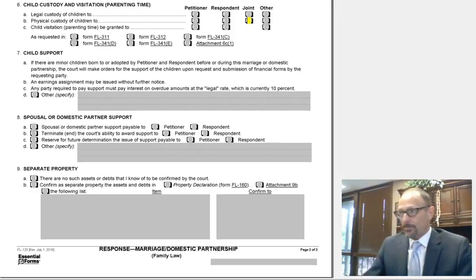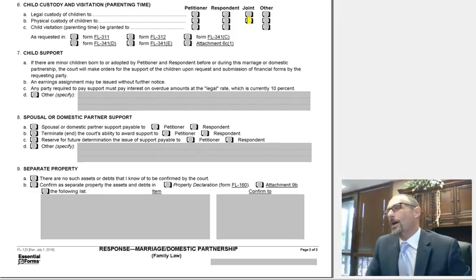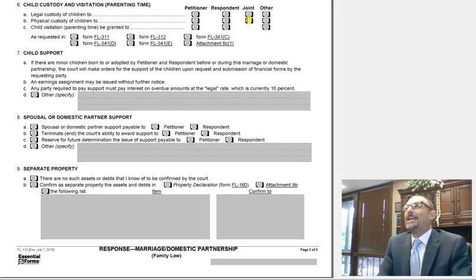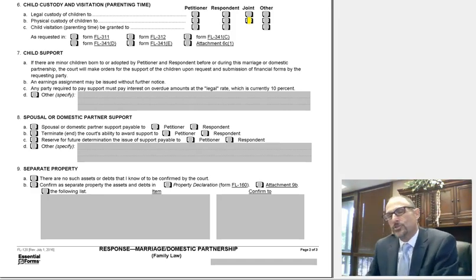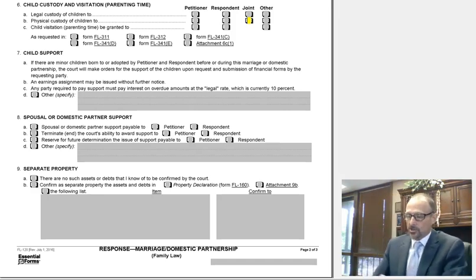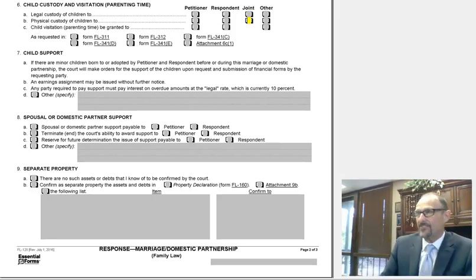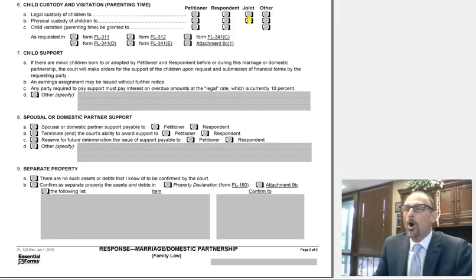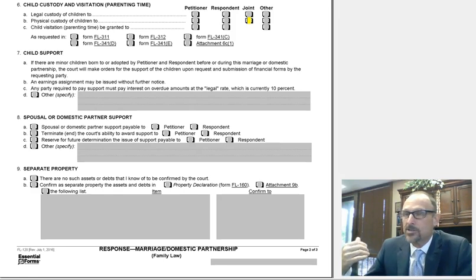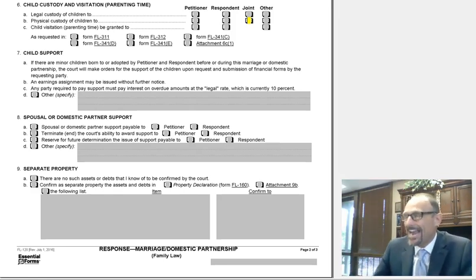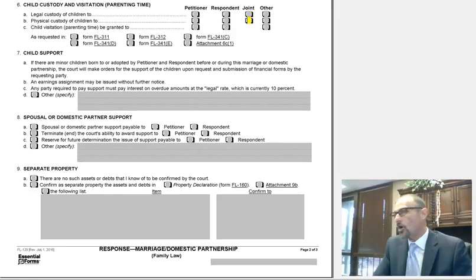You need to understand what separate property is. Separate property is any property that you owned before you got married. It's any property that you acquired after you separated from your spouse. It's also anything that you acquired during the marriage by way of a gift, even from your spouse, or by way of a will or a trust or inheritance. That's all separate property.